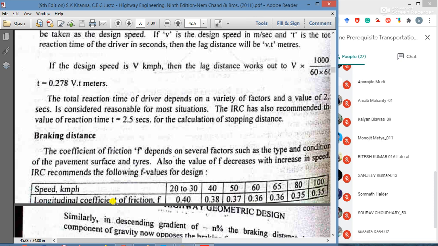The distance traveled by our vehicle during this time, from application of the brake to the final stopping, is called the braking distance. That's why the stopping distance is divided into two parts: lag distance and braking distance. The summation of the lag distance and braking distance is the stopping sight distance. Clear?